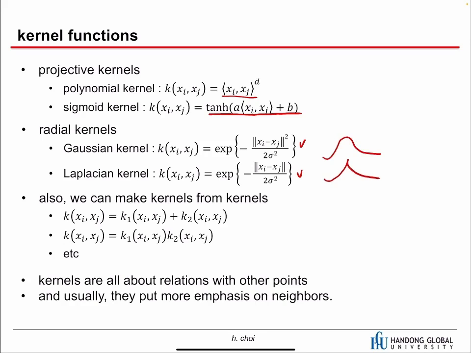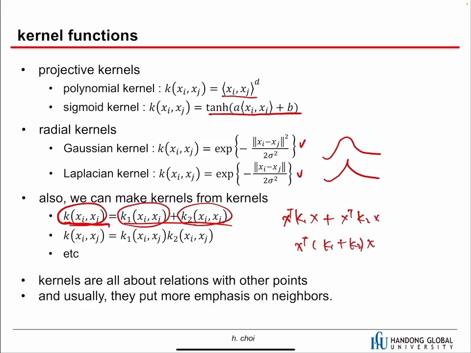And we can make kernels from kernels. If we add two kernel functions, then this one is another kernel function, which means if this one is positive definite and this one is positive definite, then if we sum, the result is positive definite. It's quite simple. x transpose k1 x is positive and x transpose k2 x is positive, then the sum is x transpose (k1 + k2) x.